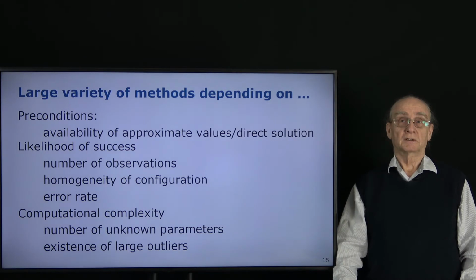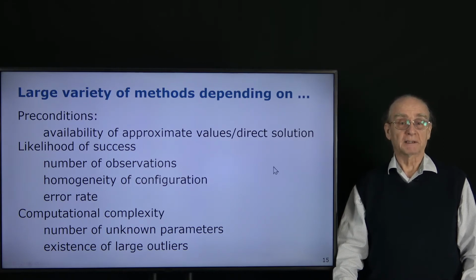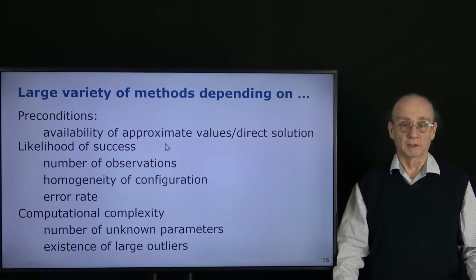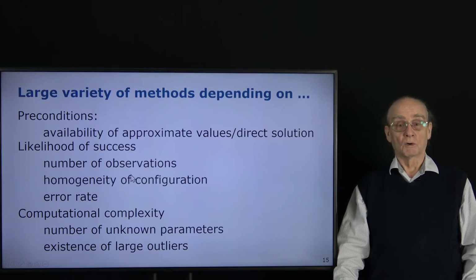And let's look at methods for solving the outlier problem. There are a lot of different conditions under which you can design such a procedure. And therefore there are many methods for finding outliers. So it depends on preconditions. Are there approximate values for the estimate available? Does there exist a direct solution for the problem? The second question is whether the number of observations is large or small.